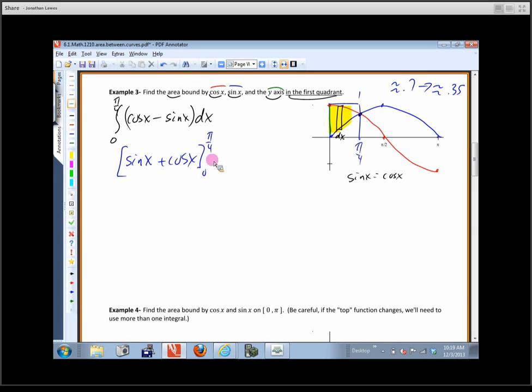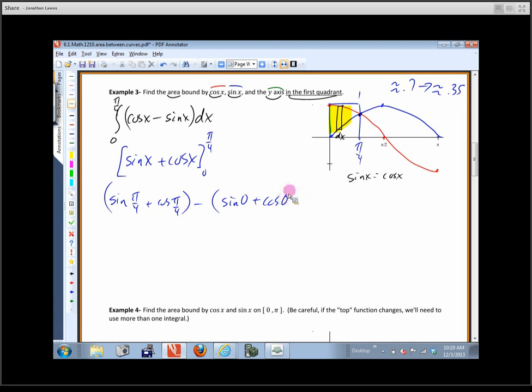Now, sometimes we'll get in the habit of, well, the lower limit's 0, so I don't even have to evaluate that. Is that the case with the trig function? No, we better be careful. Let's evaluate the whole thing. So this is going to be the sine of pi fourths plus the cosine of pi fourths minus what I get when I evaluate it at the lower limit. So that's going to be the sine of 0 plus cosine of 0.